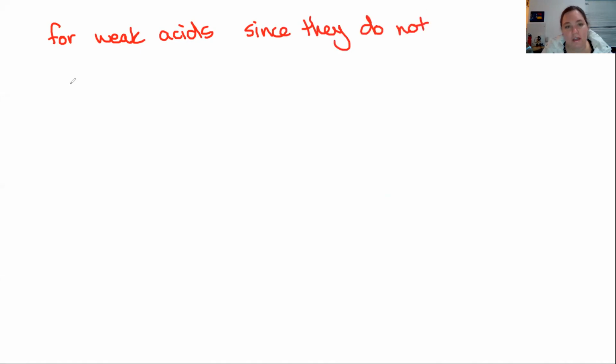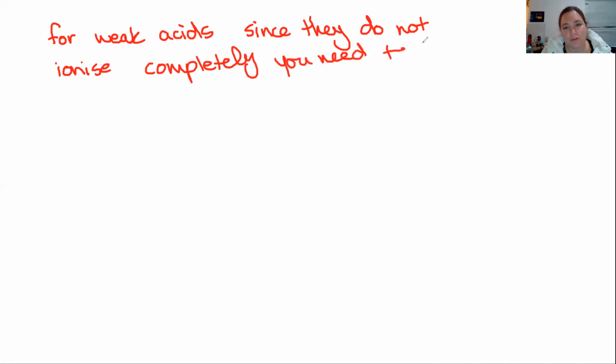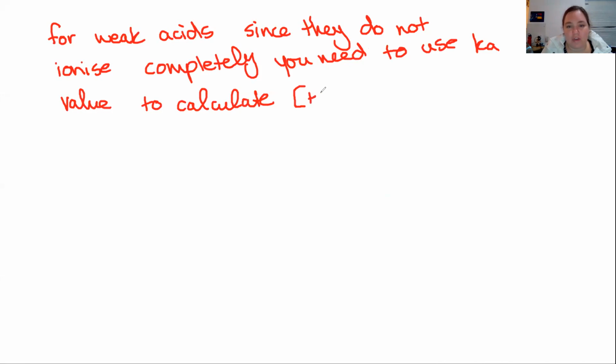So I'm going to quickly clear everything, and I'm just going to make a little note here that says: for weak acids, since they do not ionize completely, you need to use your Ka value to calculate the concentration of H3O plus, and it gets very tricky.